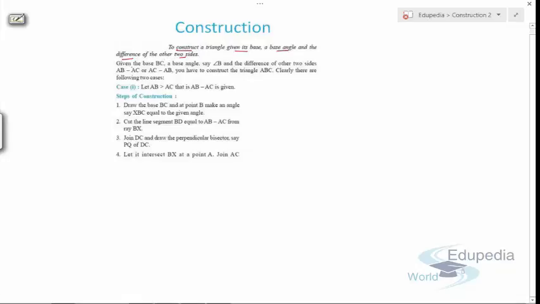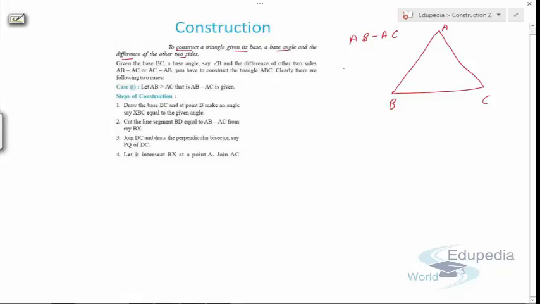Let's say we have a triangle like this, triangle ABC. The first case is when AB is greater than AC, meaning AB minus AC is given.